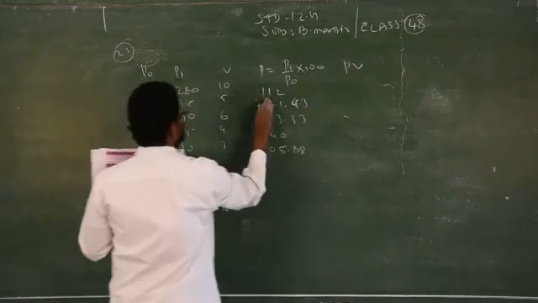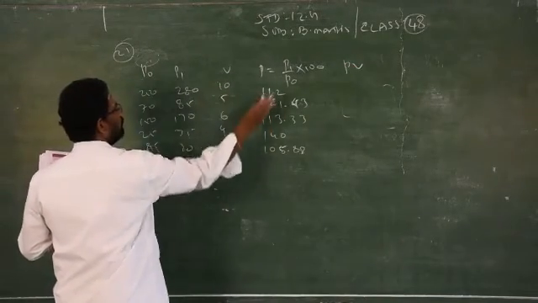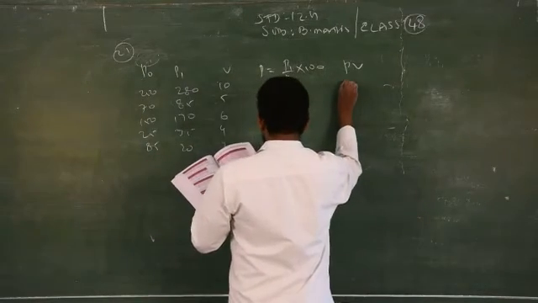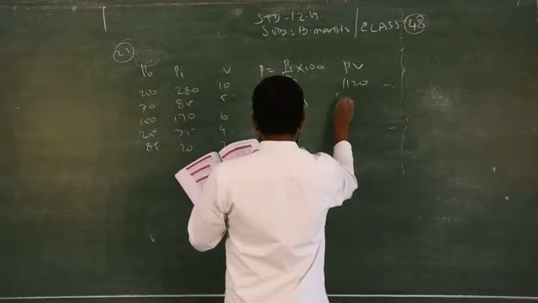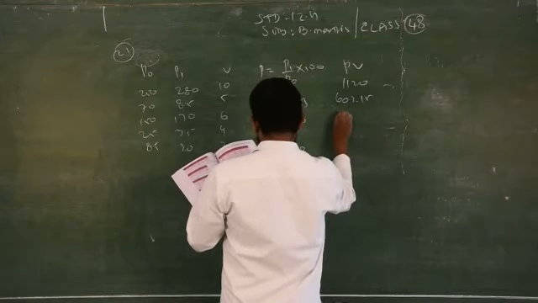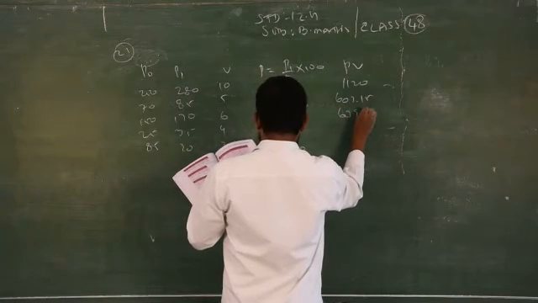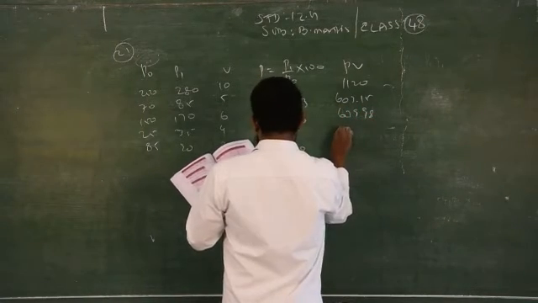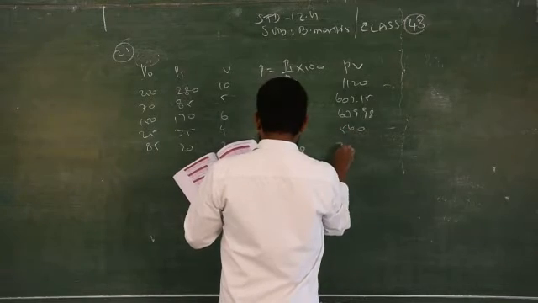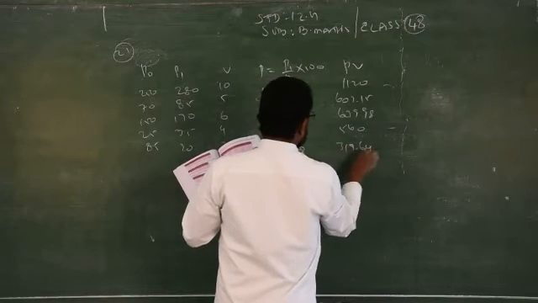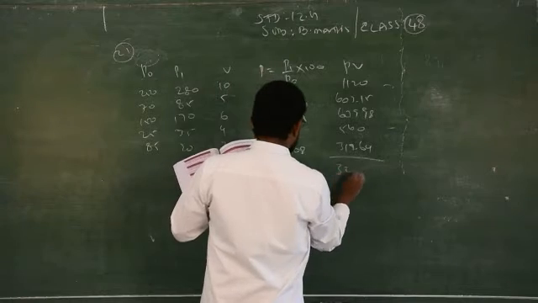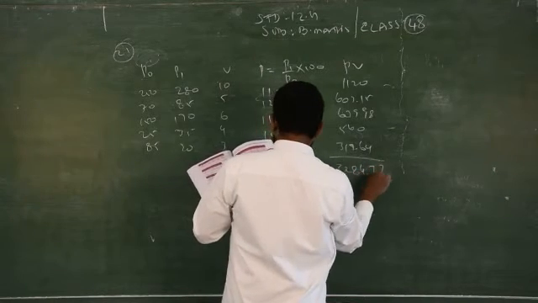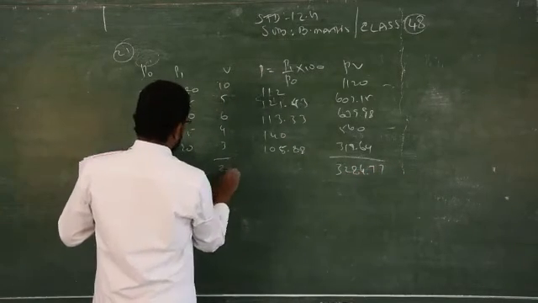Then PV, you have to multiply P into V, weight into the P. The answers are 1120, 607.15, 679.98, then 560, 317.64. The total is 3284.77. This total of V is 28.